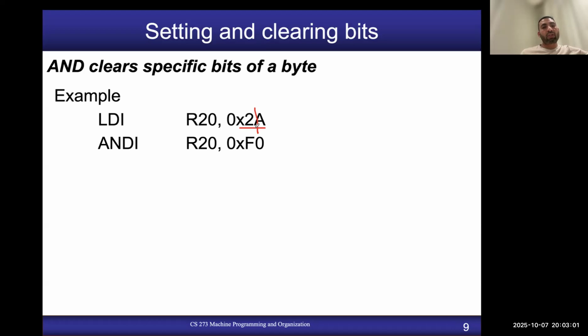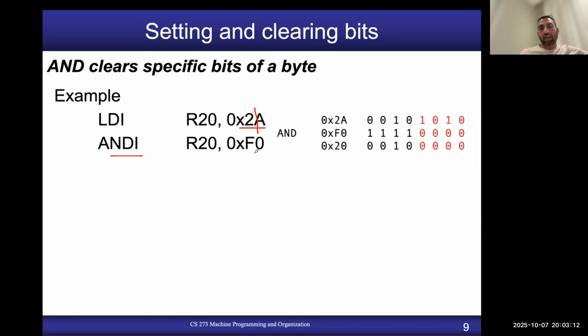So what you can do is the ANDI operation. You load your value 2A into R20 and then you AND it with F0. So you get this: this is your value 0x2A in your R20, and this is your mask.